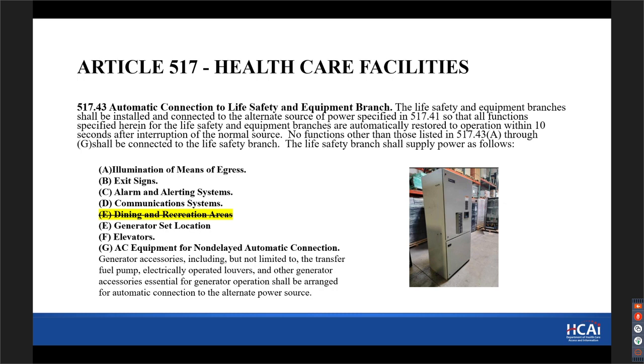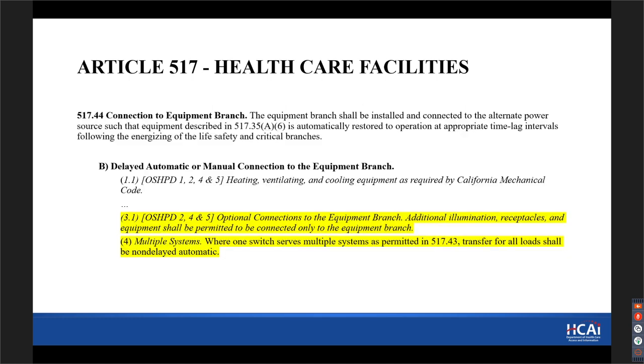517.43, now we're talking about SNFs, and we see that for the requirement for automatic connection to life safety and equipment branch, essentially they're removing the requirement for dining and recreation areas to have life safety lights. 517.44, essentially here they're talking about connection to the equipment branch in our SNFs.